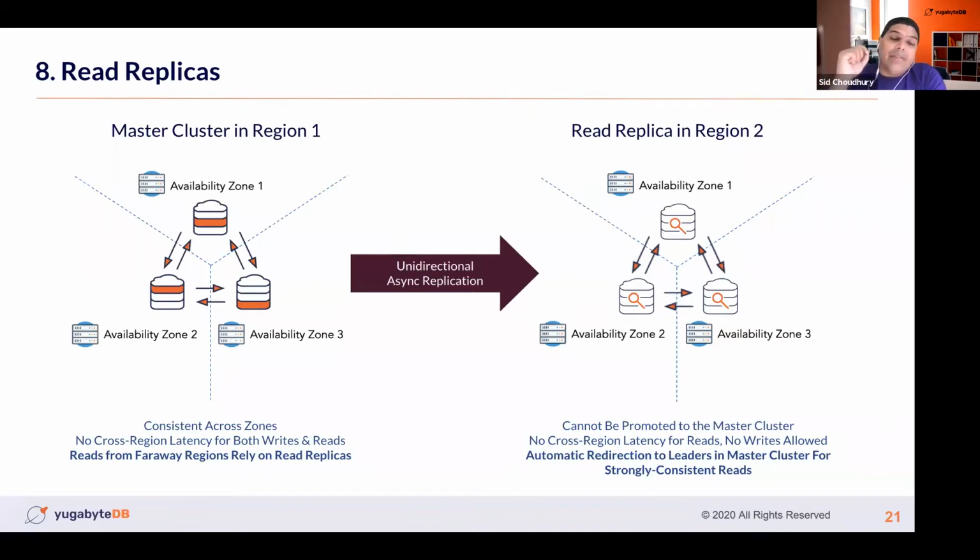And that read replica has essentially timeline consistent data, albeit slightly staler than the followers in the master region. And it can serve reads blazing fast for the local clients. But if you send writes to the read replica, it will automatically redirect to the master cluster.